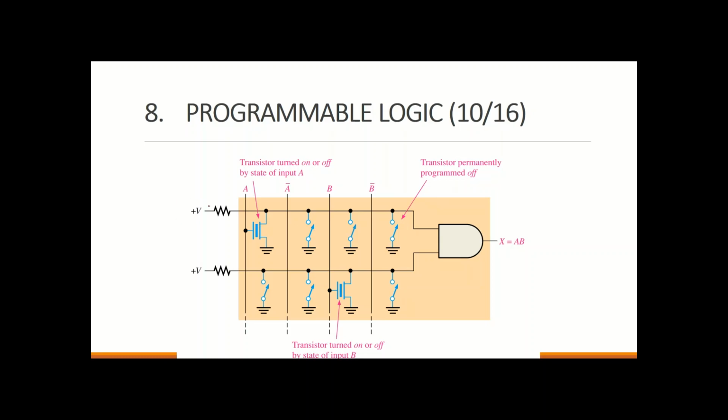Now look, we have the high voltage connected directly to an NAND gate from here, and then we have one part here, for each connection from A, A bar, B, and B bar, connected with a transistor. So what does it mean? Now A will be able to activate the transistor to turn it on or off based on its own state.